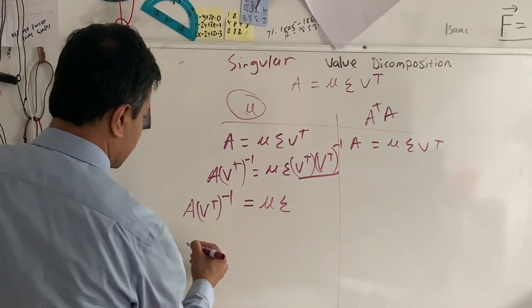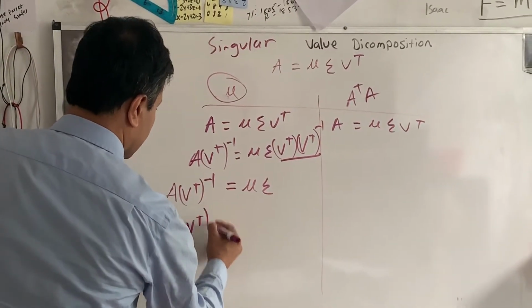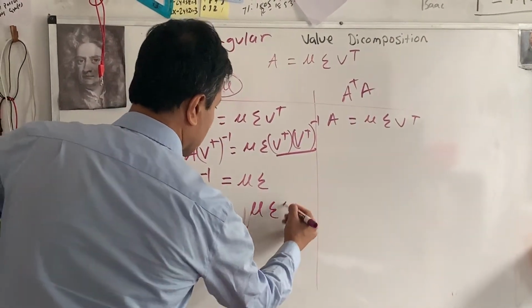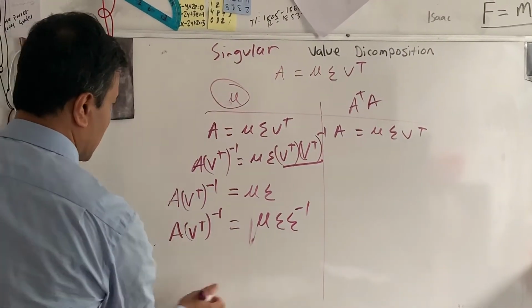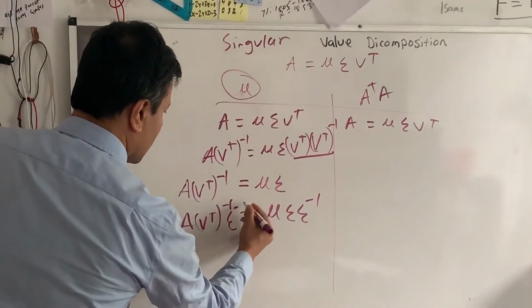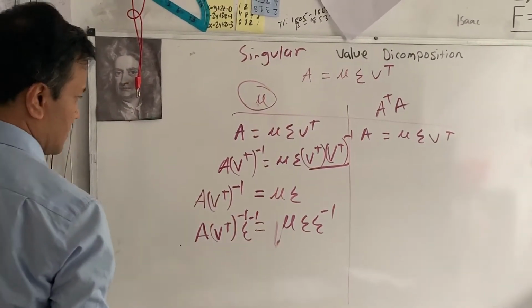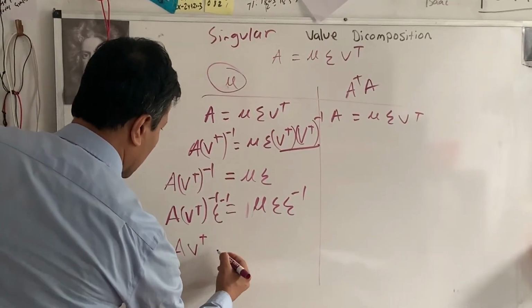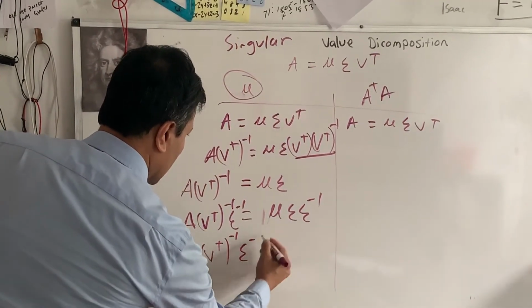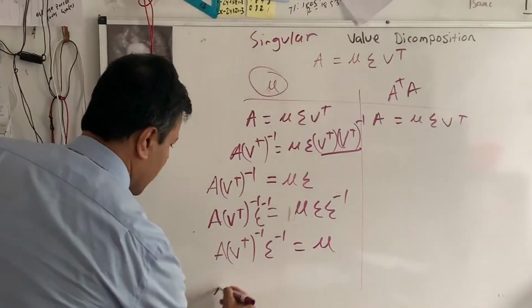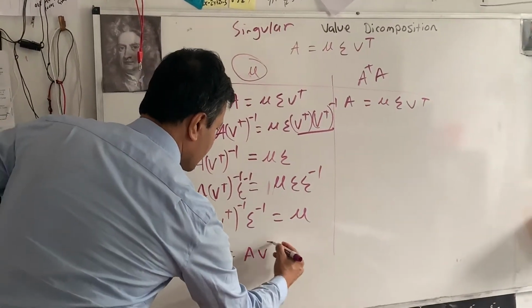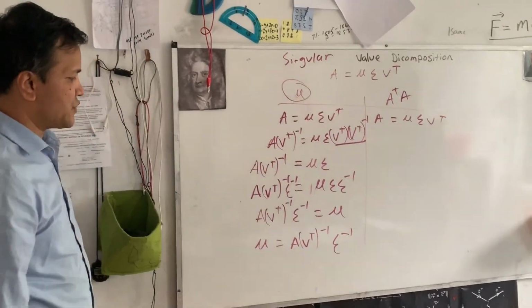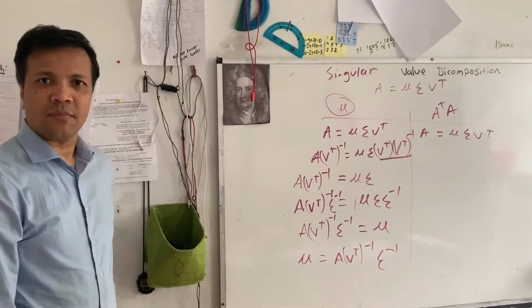If I do that, I get mu fully separated. So my mu is finally A V transpose inverse sigma inverse. So this is what my mu is.